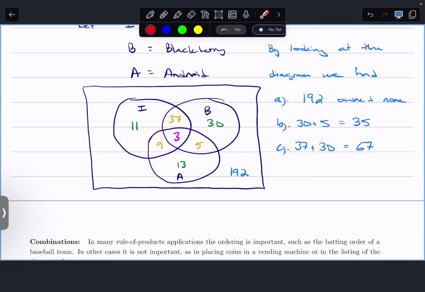Good. Any questions about that one? I'll definitely get you to do a 3-set Venn diagram on the test, but I'm expecting it to be 100% across the board.